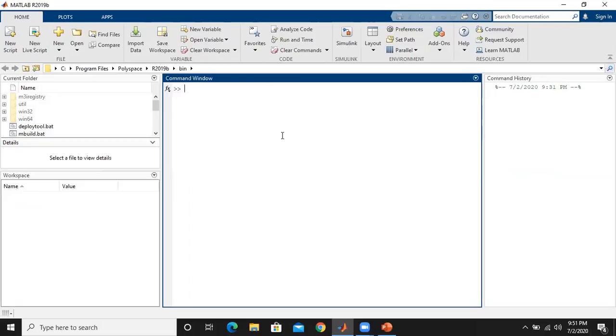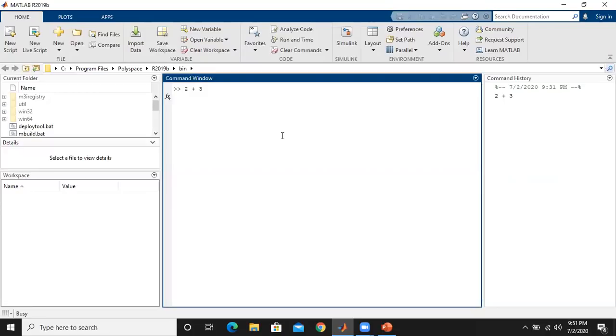Now let us start with certain operations. MATLAB is a very user-friendly environment where we can easily do mathematical calculations. Now we take two numbers, 2 plus 3, then we get obviously 5.